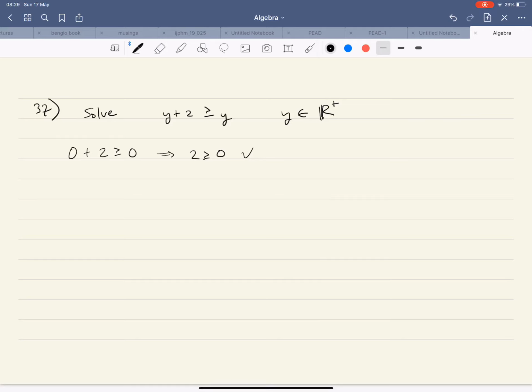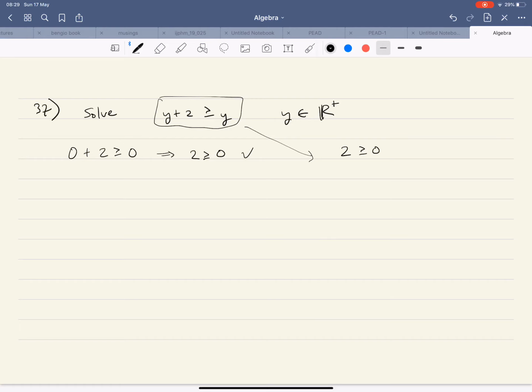If I look at this expression and tried to isolate y, right? Tried to get y by itself. Well, I would subtract y from both sides, and I would wind up with 2 is greater than or equal to 0, which is always going to be the case, right? 2 is just bigger than or equal to 0. That's just how it is.